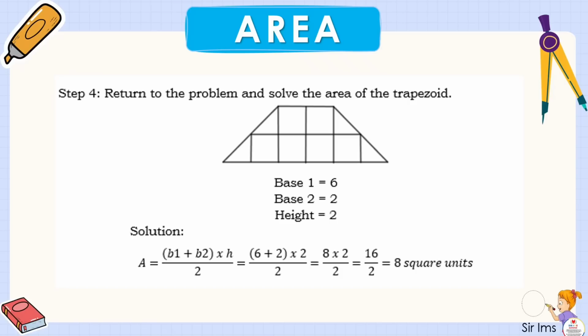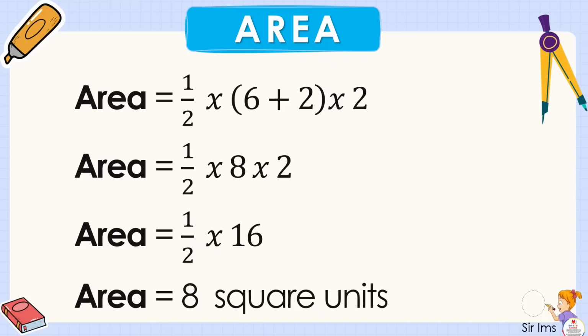So 6 plus 2 is 8, multiplied by 2 divided by 2. So 8 times 2, 16 divided by 2 is equal to 8 square units. So that is the area of our given trapezoid. Ito din po yung atin in-explain kanina, sinubstitute lang natin.